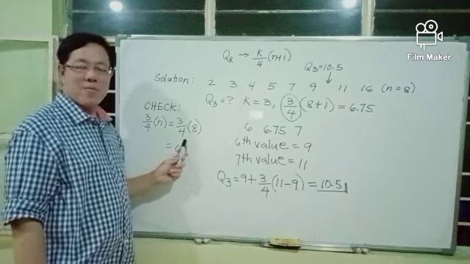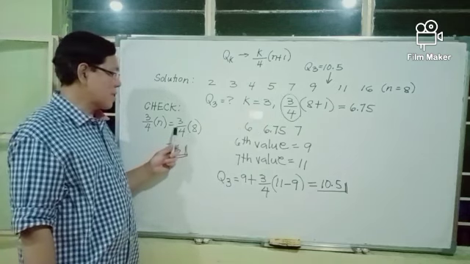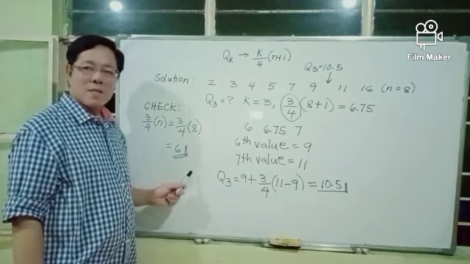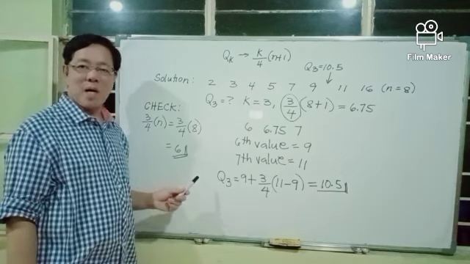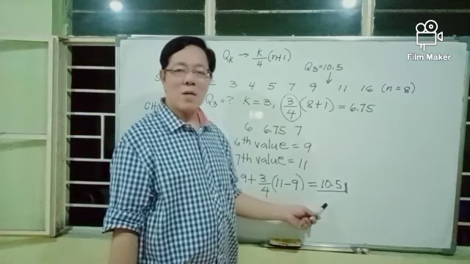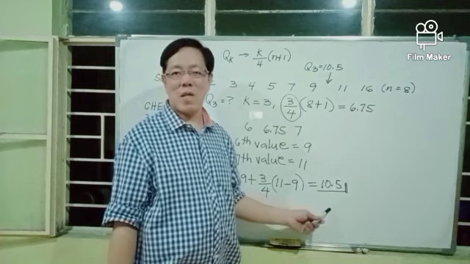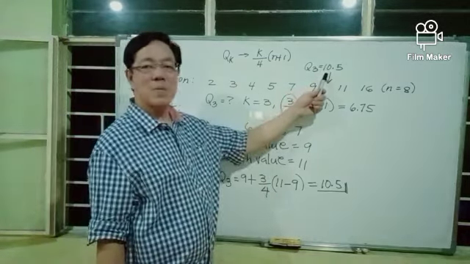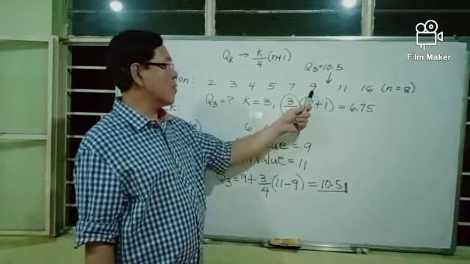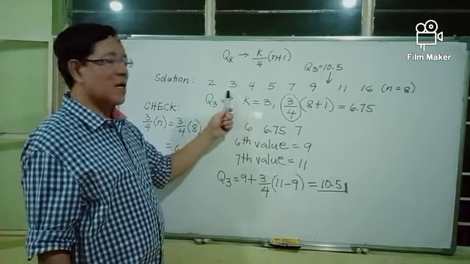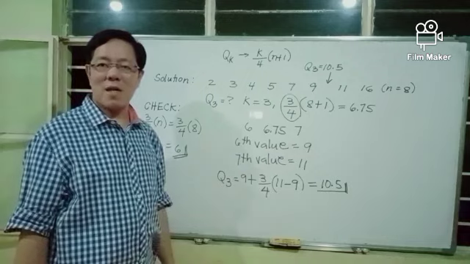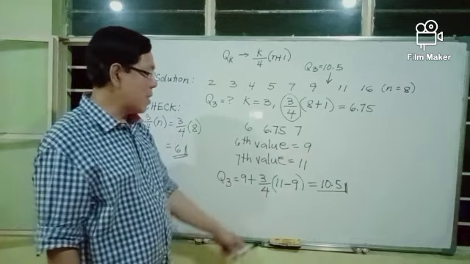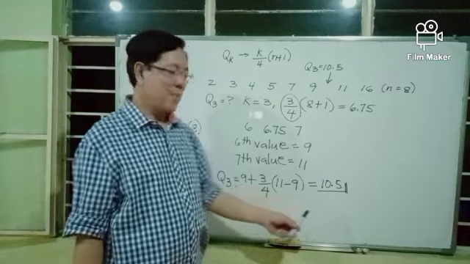And 8 divided by 4 is 2, multiplied by 3 is 6. This means that at most 6 values are less than or below 10.5. So let us check how many values are below or less than 10.5. 1, 2, 3, 4, 5, 6. There are exactly 6 values that are below or less than 10.5.